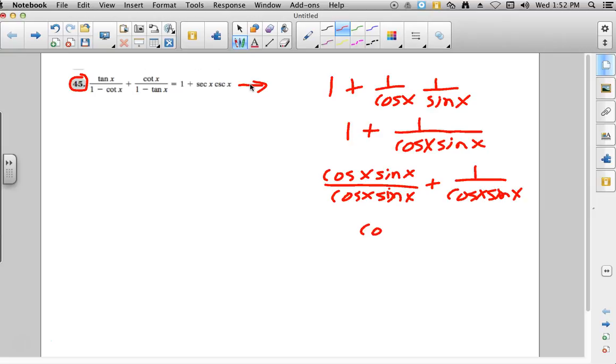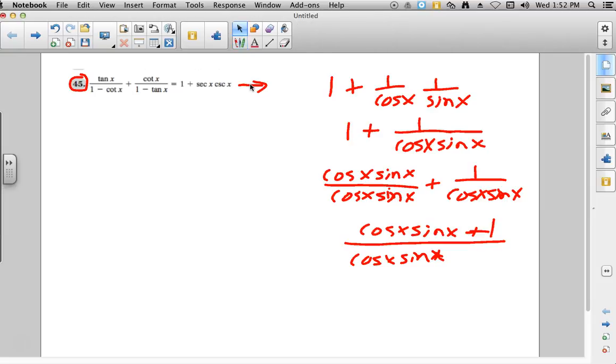So we have cosine x sine of x plus 1 over cosine of x sine of x. And really, that's where we're trying to get to. The problem is, it is really tough to get the other side of this to match that.